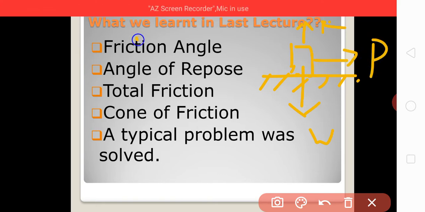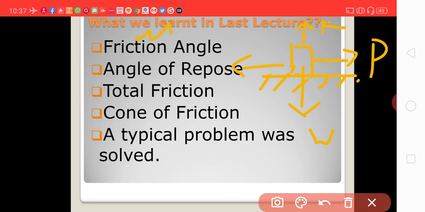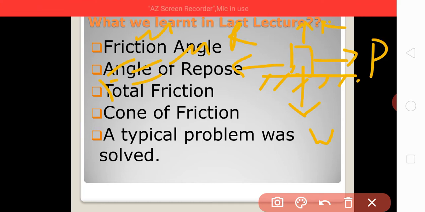If mu is the coefficient of friction, then a frictional force will be generated equal to mu R, that is F. The angle of the total reaction, that is S, will be theta, and this angle theta is called friction angle.